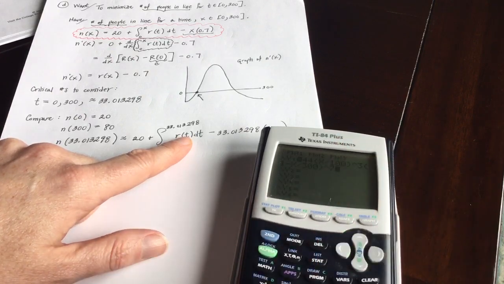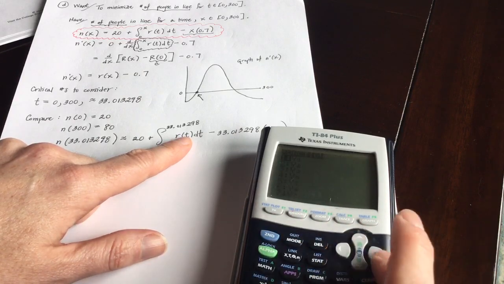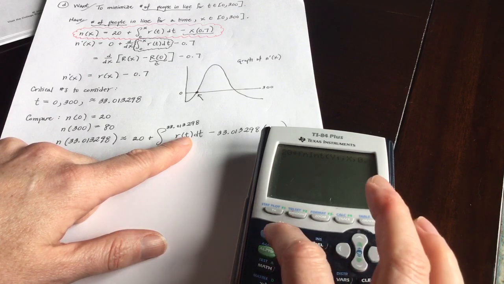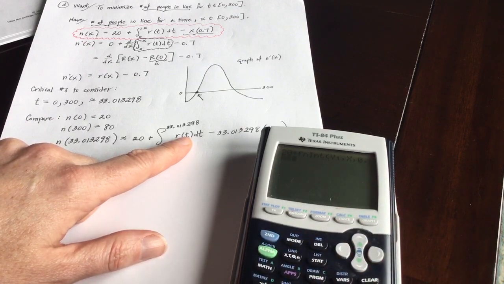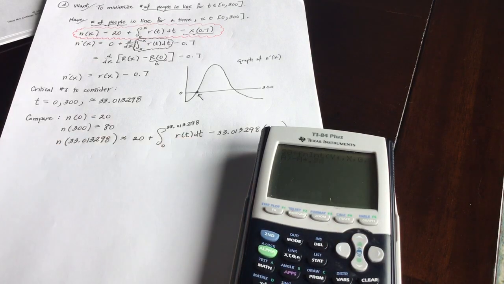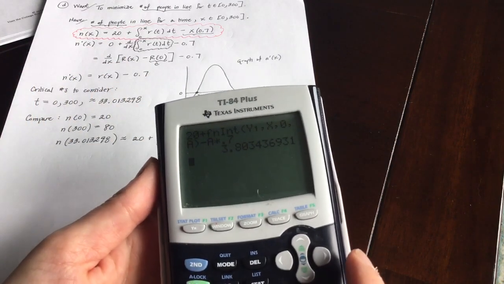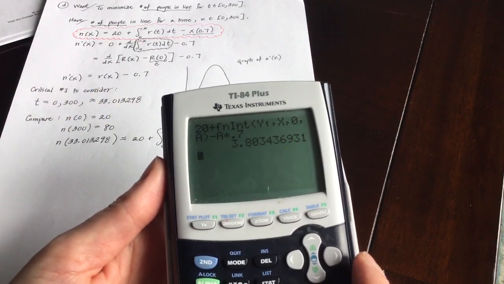Okay, there we go. Now I can do function variables, y1, 0, I can put a in for that number there, minus a again times 0.7. Okay, so there we have it, 3.803.